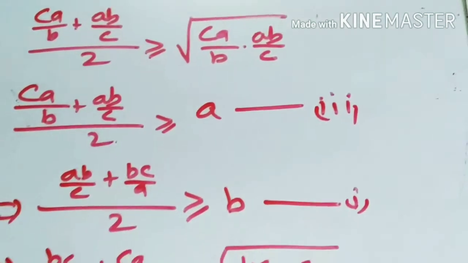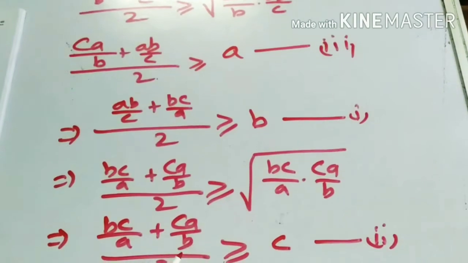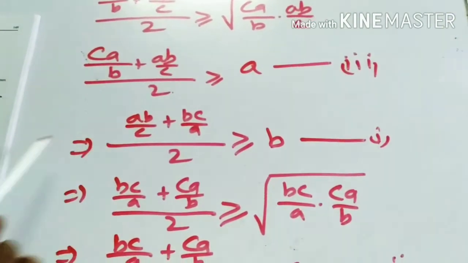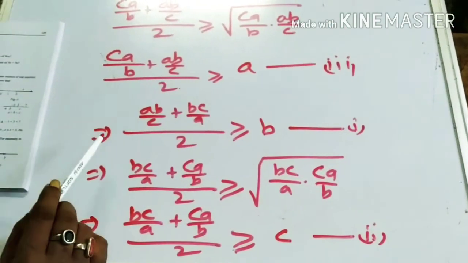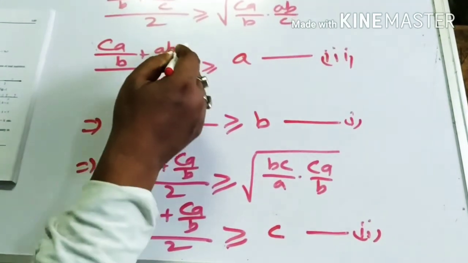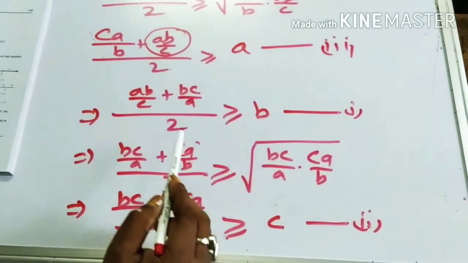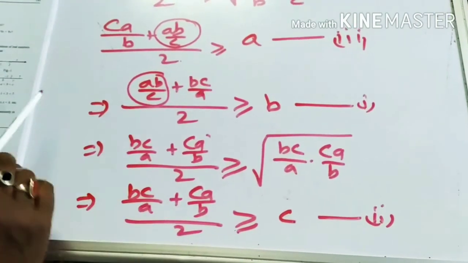Now if we add 1 plus 2 plus 3, I will get 2AB/C. See this one and this one, this 2AB/C.